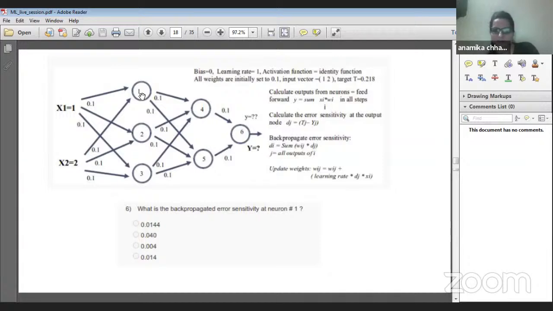So that's the next step. We will go there. So for now, what is the back propagated error sensitivity at neuron number 1? We right now have the difference of the output and the target. Over here we have to back propagate it to the previous level, and then that will be back propagated to the previous level at node number 1, which we have to compute.